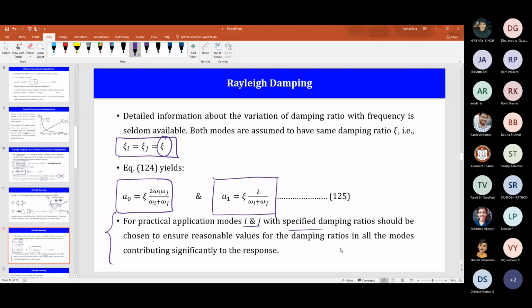For example, I choose the second and third modes with damping ratio 5%. After calculating a0 and a1, I find that an important mode, say the fifth mode, has zeta of 50%. That is not reasonable, so you have to choose other modes in a proper manner so that the damping is represented well.